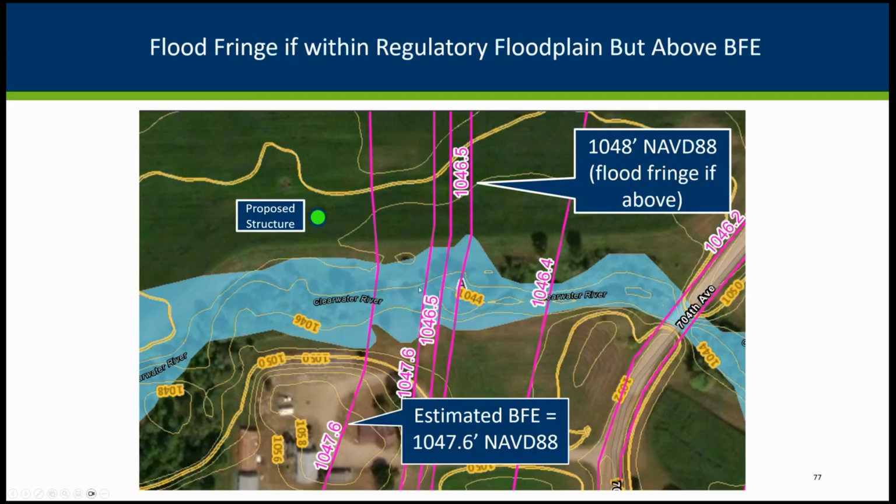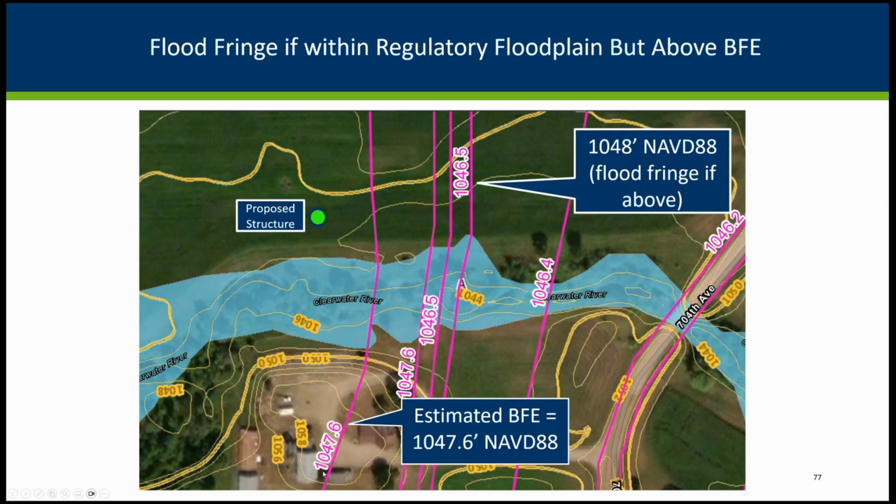So here's an example where we have a floodplain in blue here that's clearly not following the contours very well. So it's a little bit hard to rely on this map to say for sure that this proposed structure here is outside the floodplain or is in the flood fringe. But we do have some helpful information that we can use. So we do have these pink lines here, so the best available data.